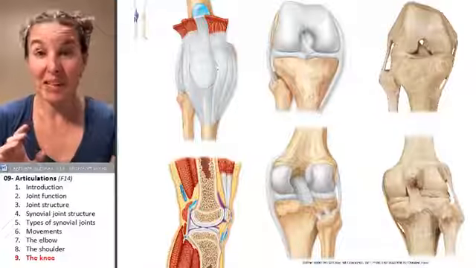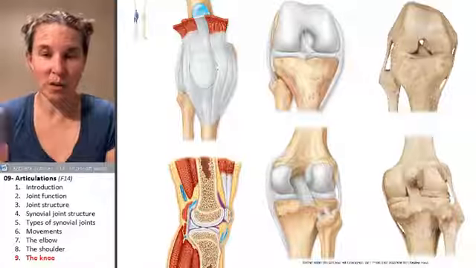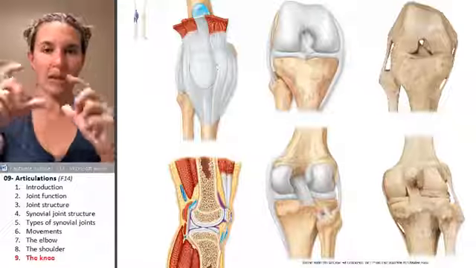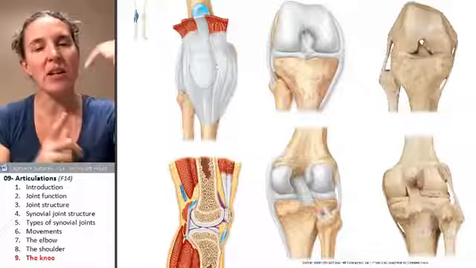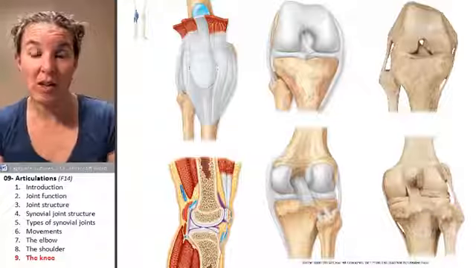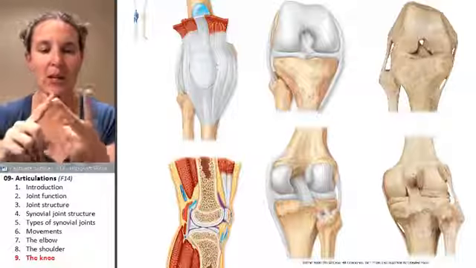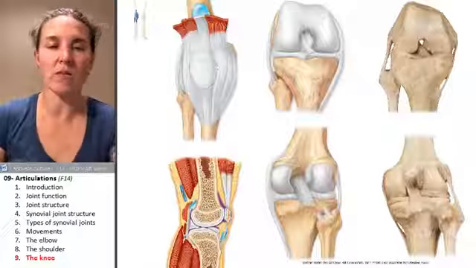The patella and where it articulates with the femur is one set of bones involved in the knee joint. The other set of bones are the femur and the tibia. The fibula is not included in the team. Patella, tibia, femur. Those are the three bones that are involved in your knee joint.